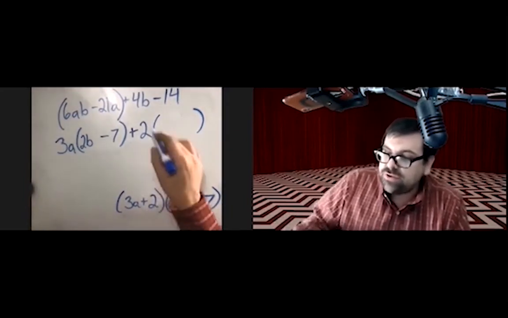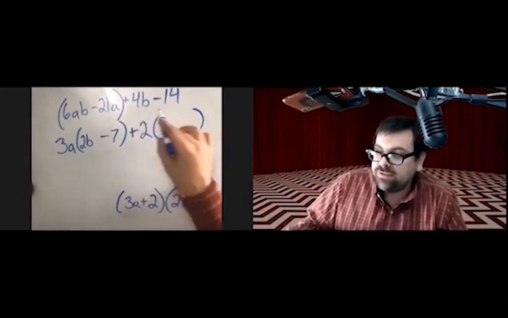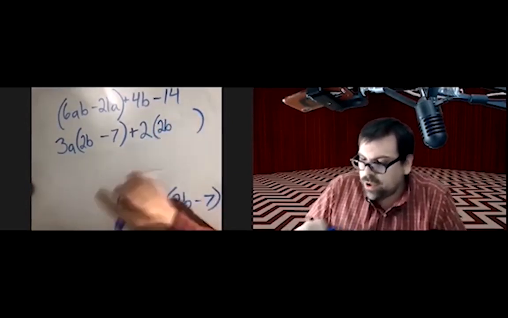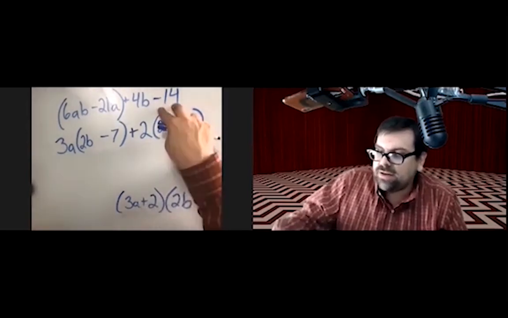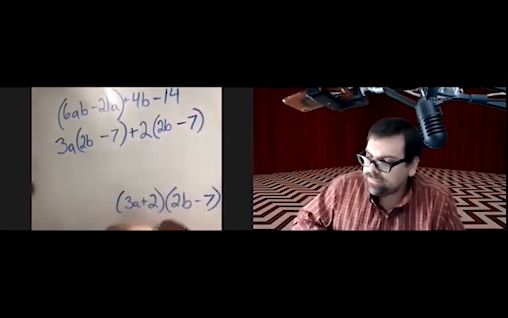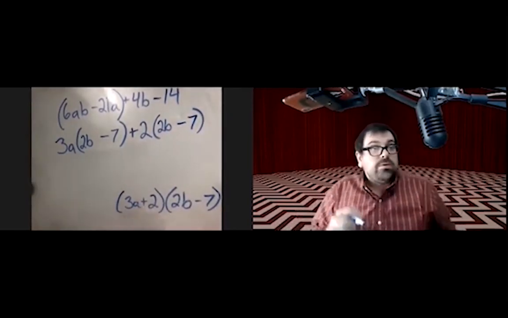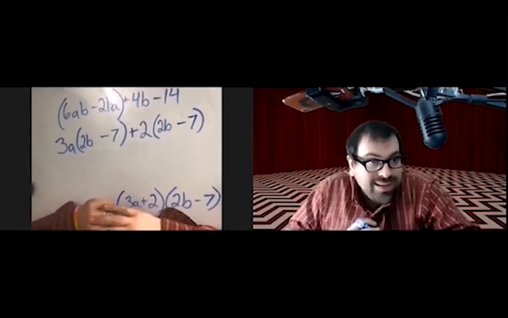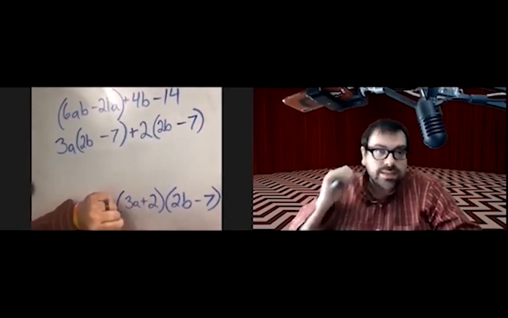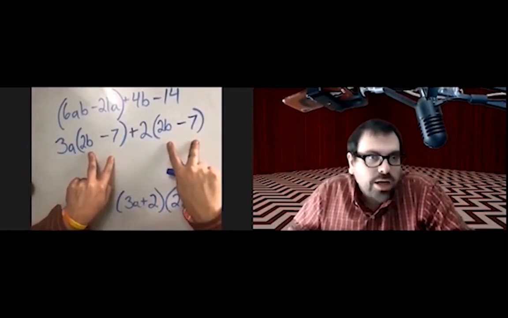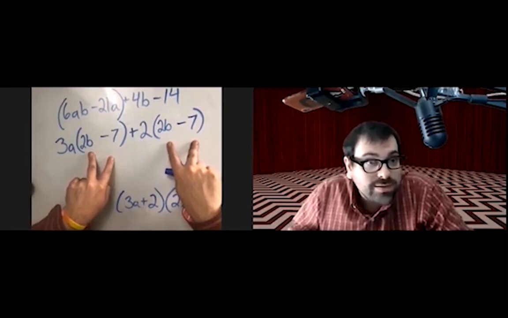Now here, positive 2 times what is positive 4b? Positive 2 times 2b. Positive 2 times what is negative 14? Positive 2 times negative 7. Now, if you've done factoring by grouping correctly, the end result is supposed to be that our leftover piece was exactly the same. And lo and behold, the leftover piece is exactly the same.